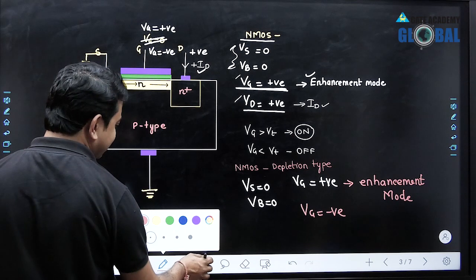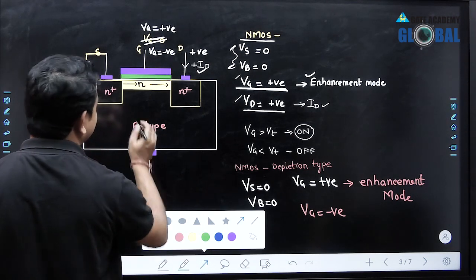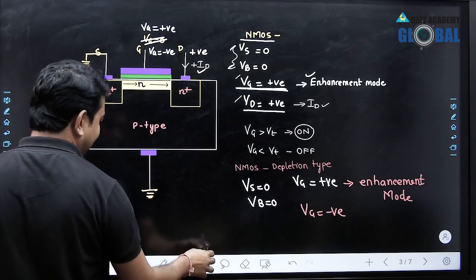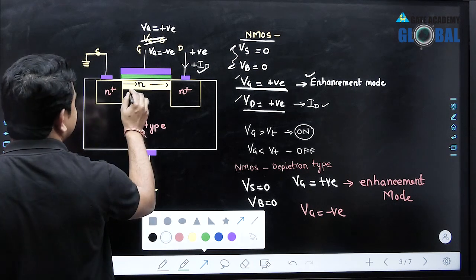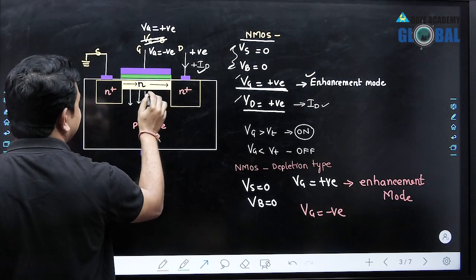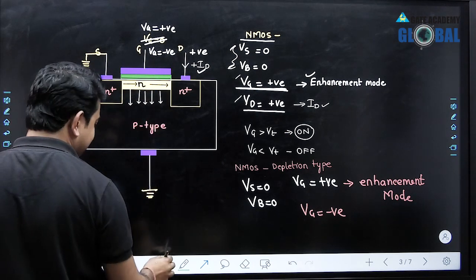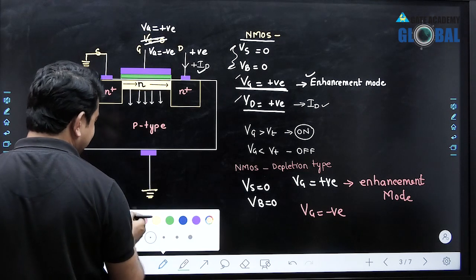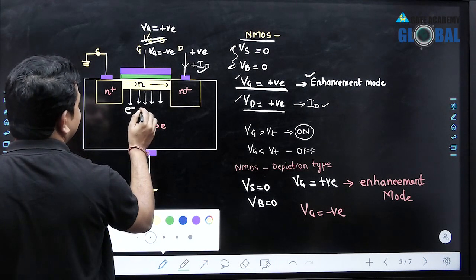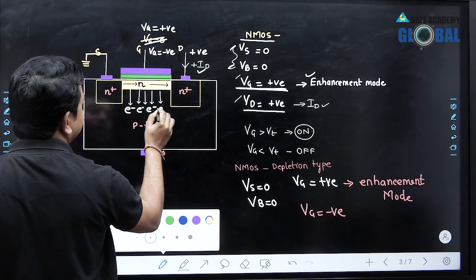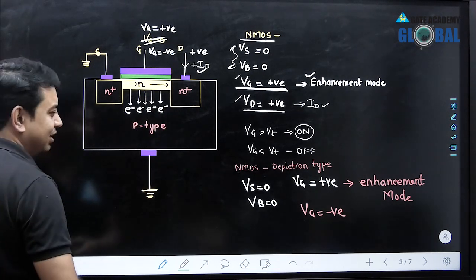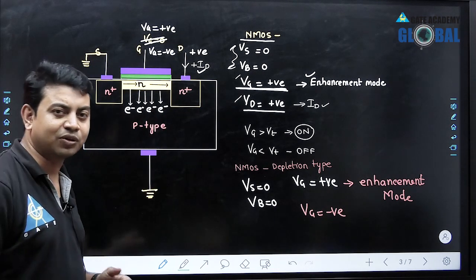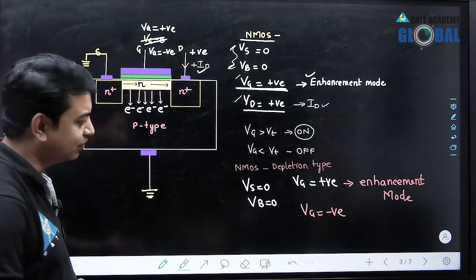The electrons already present in this semiconductor will be repelled down. If the electrons are repelled, then we no longer have the conductivity of the channel that was present initially. That means we are depleting or reducing the conductivity of the channel.